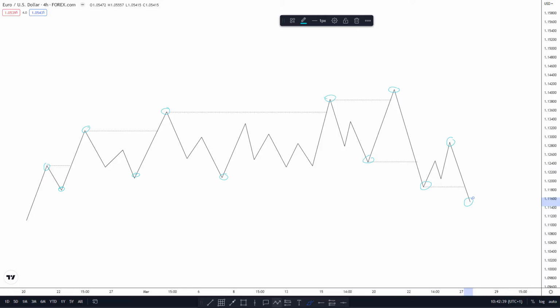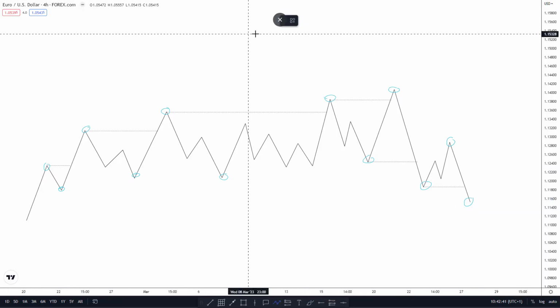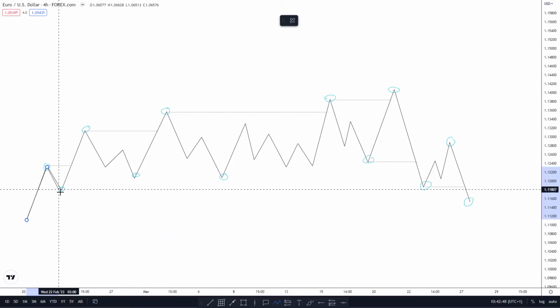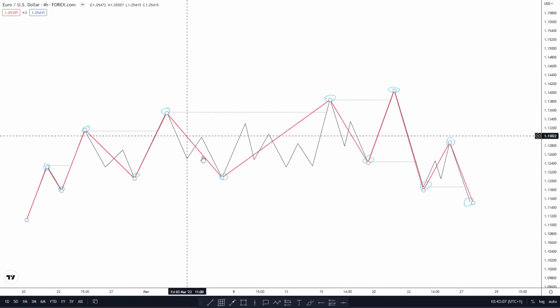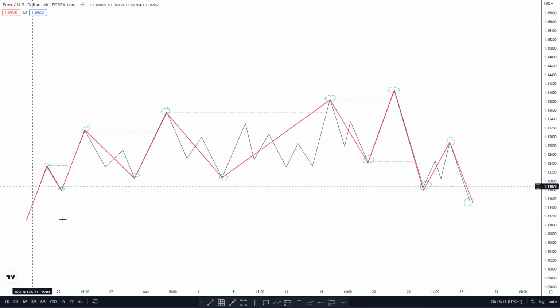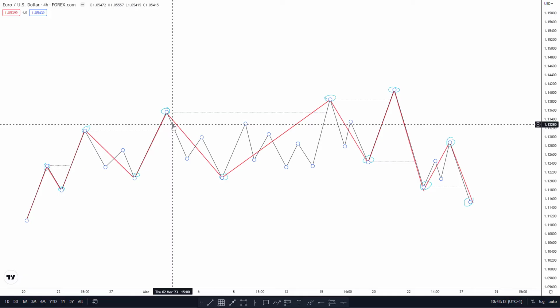Okay, so that's our swing structure. If we marked it on as a line, it would be like this. This is our swing structure movement. Everything in between that, we can just consider it for the moment noise.